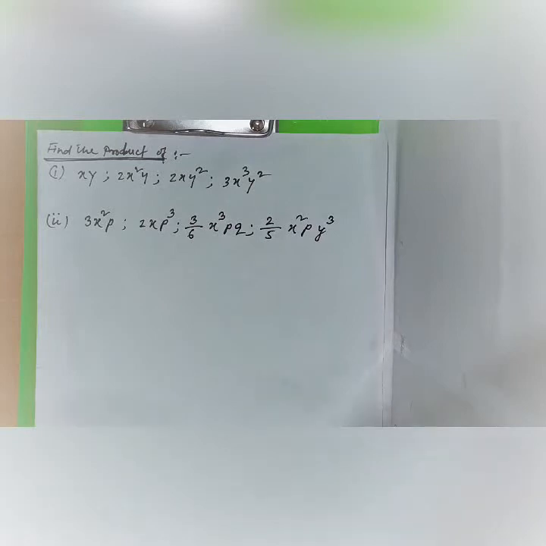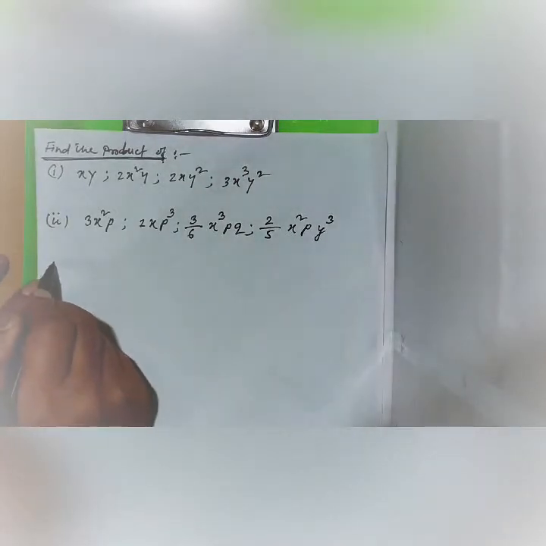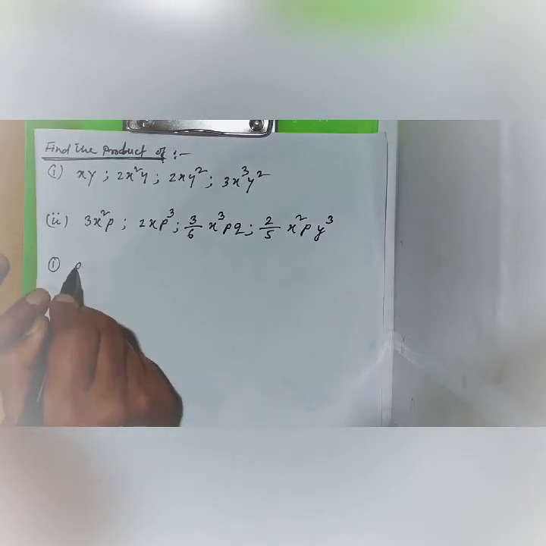Now let us do these two questions. Number 1, find the product of xy, 2x square y, 2xy square and 3x cube y square.